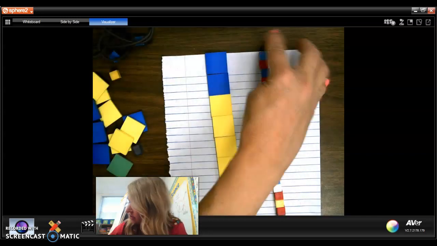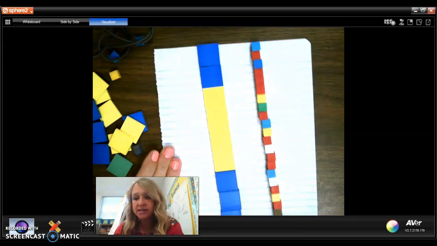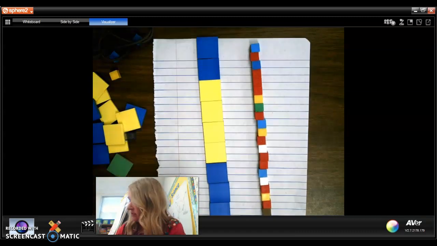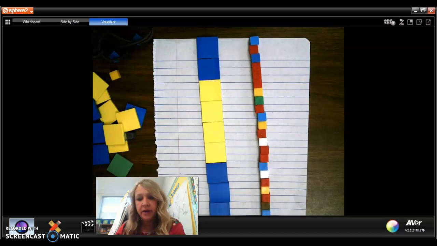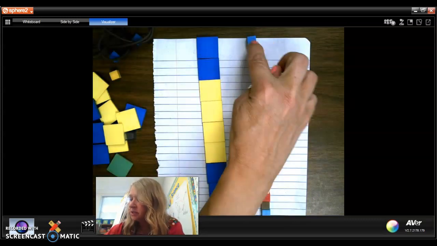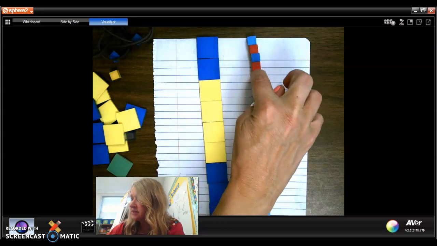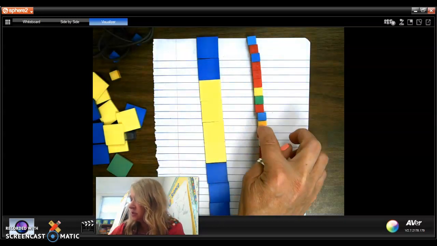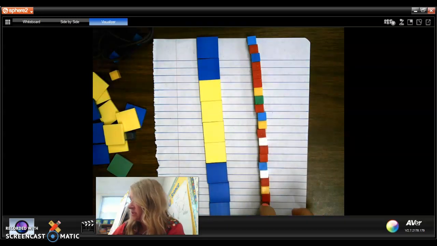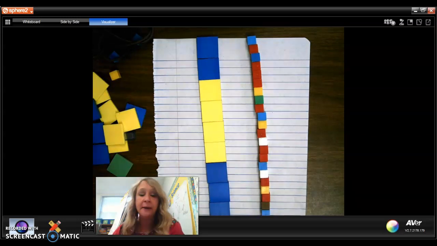Let's see. Got pushed off. All right, I think we're going to stay with this one like this. Oops. Got pushed off again. There we go. Now, let's count how many unit cubes I used. 1, 2, 3, 4, 5, 6, 7, 8, 9, 10, 11, 12, 13, 14, 15, 16, 17, 18, 19, 20, 21, 22, 23, 24. So my paper is 24 ones units long.